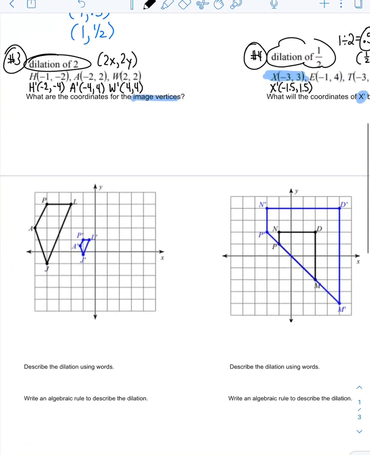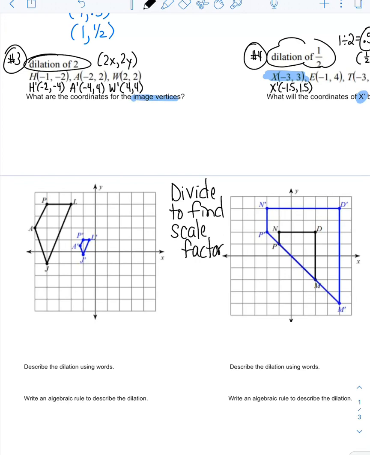So now let's talk about how to go the other way. If we multiply by the scale factor to get the dilated picture, to grow or shrink it, we divide to find the scale factor.